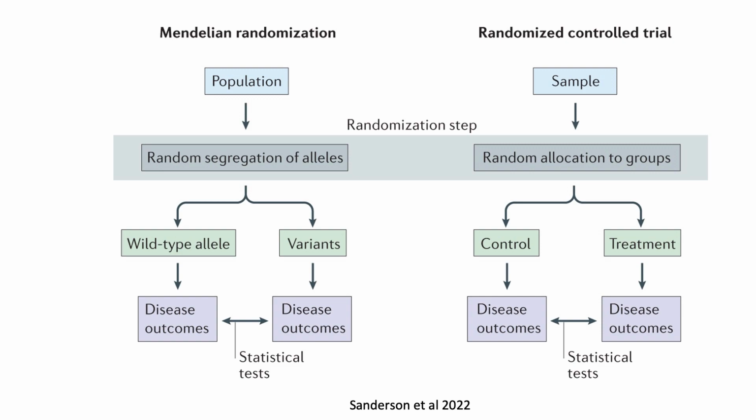That's exactly the analogy of a control and an intervention in an RCT. If we look at outcomes in relation to these genetic variants, we can draw a causal inference, just as in a randomized controlled trial. I'll give you an example. But when can we apply this model? That's really what we want to know: when can we use this technique?